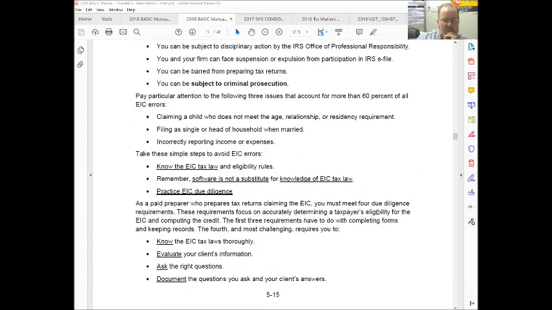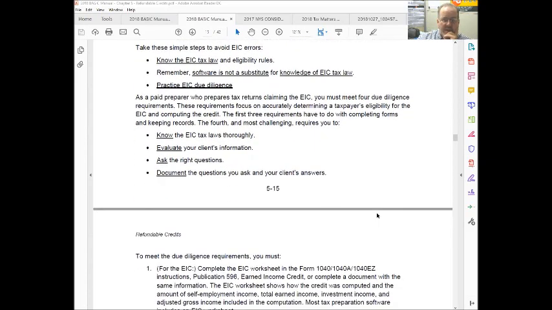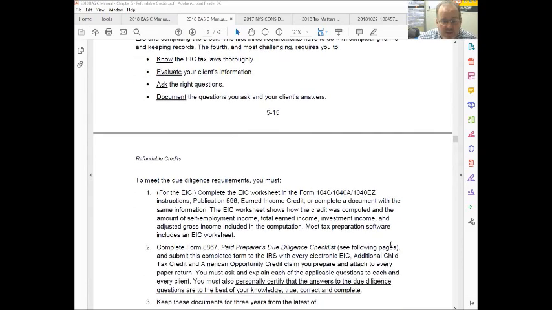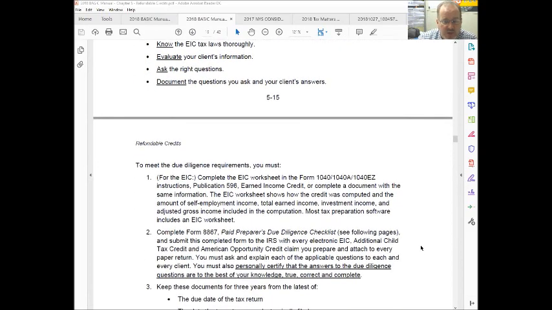All right, and there's a form, 8867, where you meet your due diligence requirements. For those of you who've done problems where your income had somebody that's qualifying for the EIC, I'm sure that the tree on the left is lit up red with all these EICs and 8867s. That's your due diligence checklist.